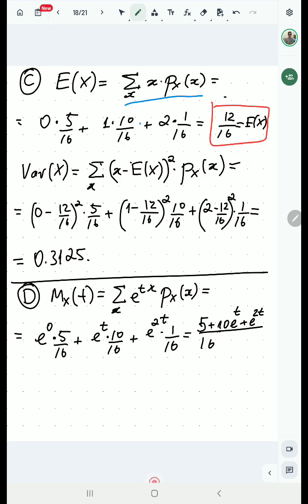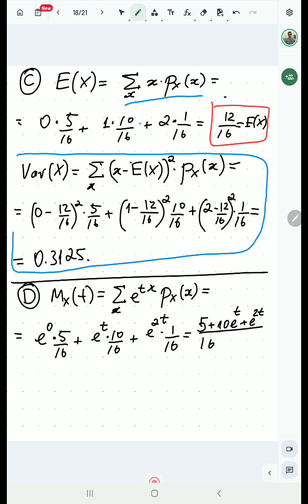If you do that, you receive 12 over 16 as the expectation. As for variance, you know this is the formula for variance. You basically subtract the expectation from each value of X, square that, and then multiply by the corresponding value of the probability mass function. As a result, we receive 0.31.